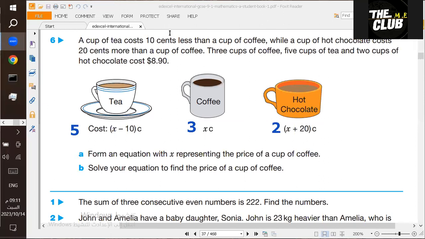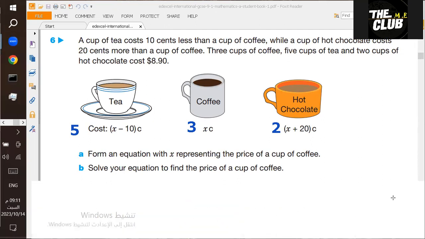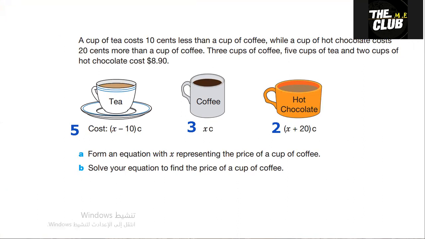So here, I'm going to form an equation with these. As the question says, 5 cups of tea, 3 cups of coffee, and 2 cups of hot chocolate. They need me to form an equation.